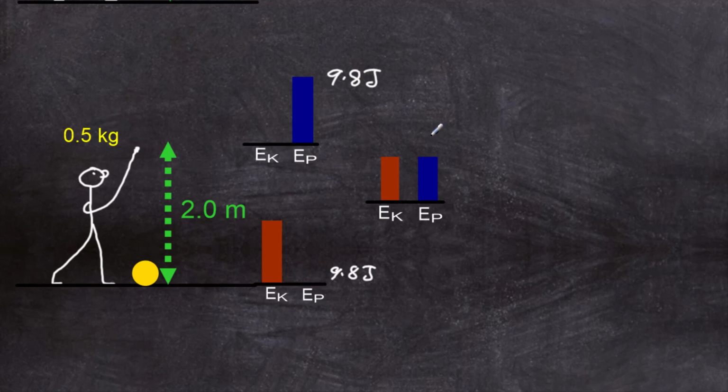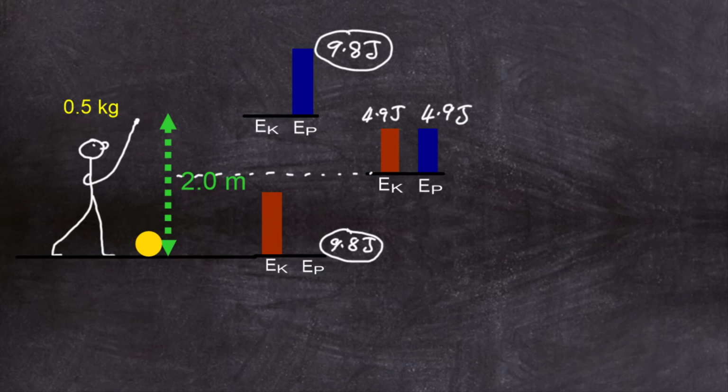Halfway down, you're going to get half the energies. So half of the gravitational potential energy will have been changed into kinetic energy. So you're going to have only 4.9 joules of gravitational potential energy left, and that's been changed into 4.9 joules of kinetic energy. And that's what we call the situation when it's halfway down its fall.